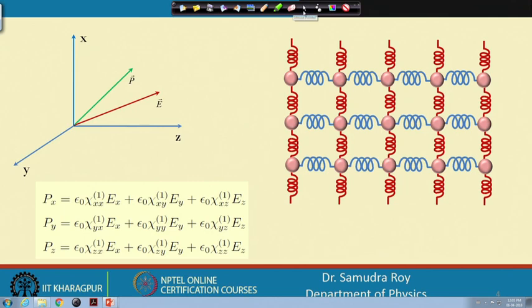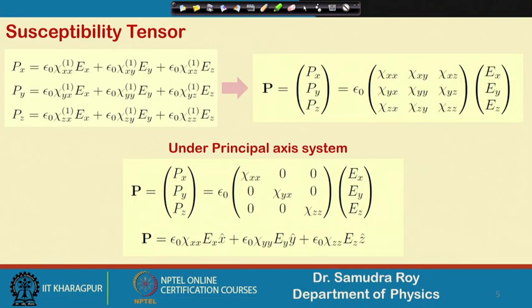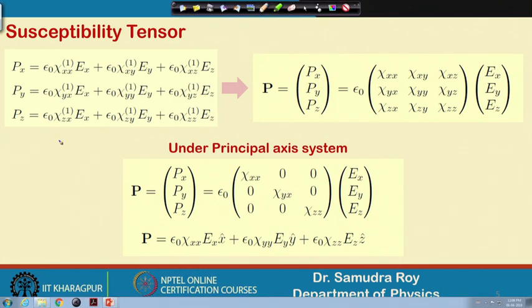So, let us go to the next slide and see what we have here. As I mentioned, once I write the susceptibility tensor in this particular form which is shown here, the relationship between P and E is shown here.